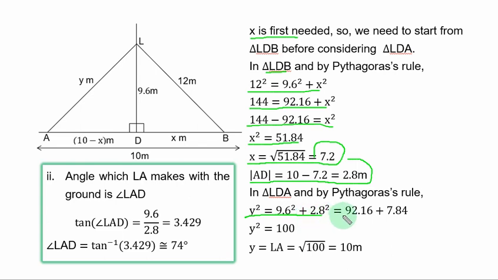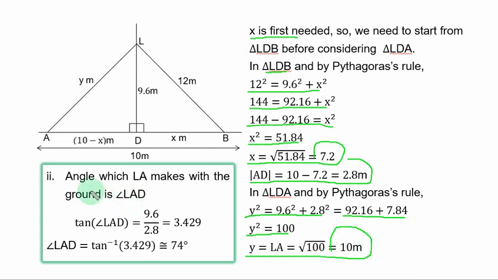You have 92.16 plus 7.84. If you add, y squared is equal to 100. To get y, that is equal to LA, you take the square root of both sides. So y, that is LA, is equal to the square root of 100, and that is 10 meters.